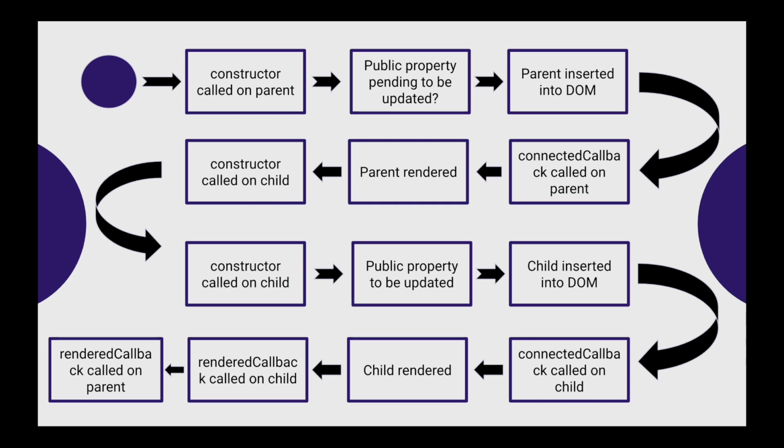So I'll just say constructor on parent, then connected callback on parent, then constructor on child, then connected callback on child, then rendered callback on child, and then at last rendered callback on parent.